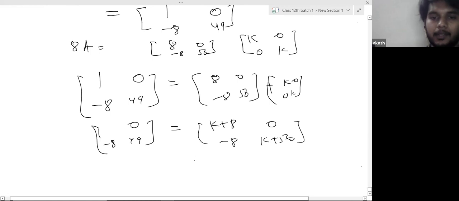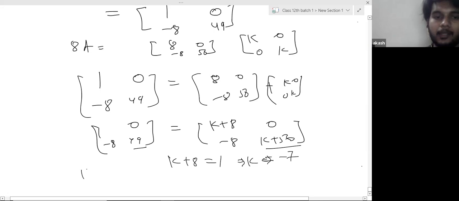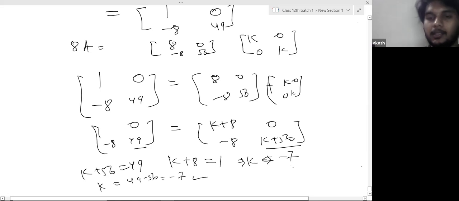So you can compare: K plus 8 equals 1. That means K equals minus 7. And from this one, K plus 56 equals 49, so K equals 49 minus 56, here also minus 7. So the value of K here is minus 7. Clear?